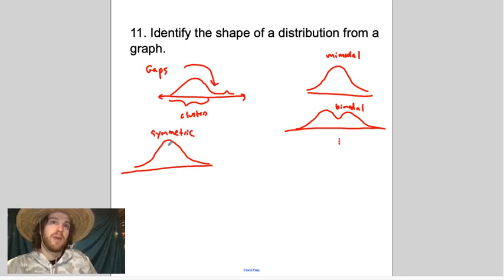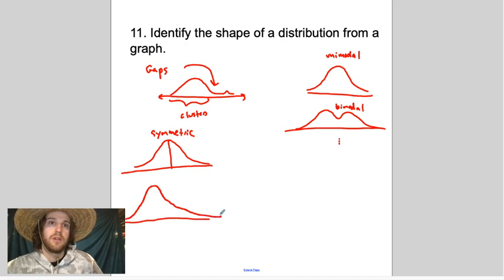Okay, if something is symmetric, it means that its median and its mean are the same in the center. It also means that on either side, the probabilities are basically the same. But there's also the problem when you have something that is skewed. So if you have something like this and then it kind of tails off, this is heavily right skewed.